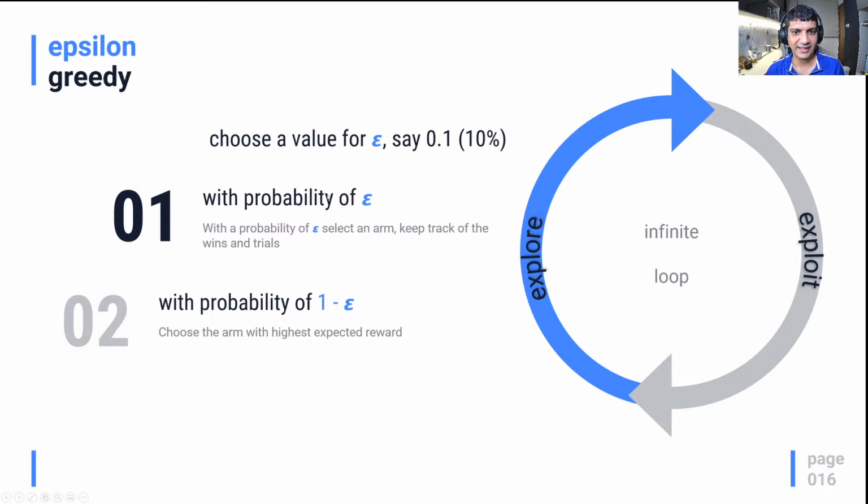So with a 10% probability, it's going to pick a different arm, and with a probability of 1 minus epsilon, which is 90%, it's going to pick the arm with the highest expected reward, right? So that's how we keep doing exploration and exploitation.